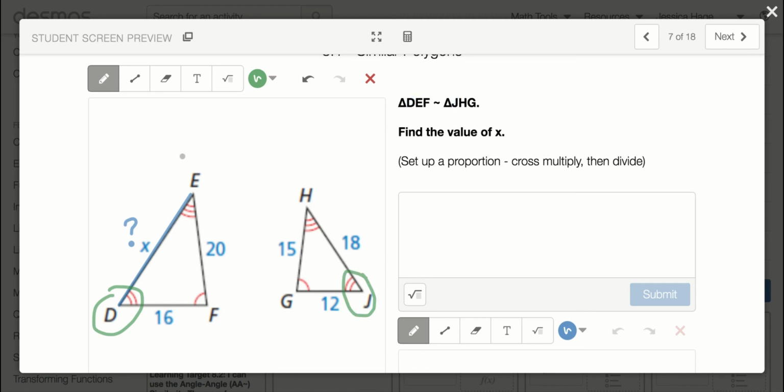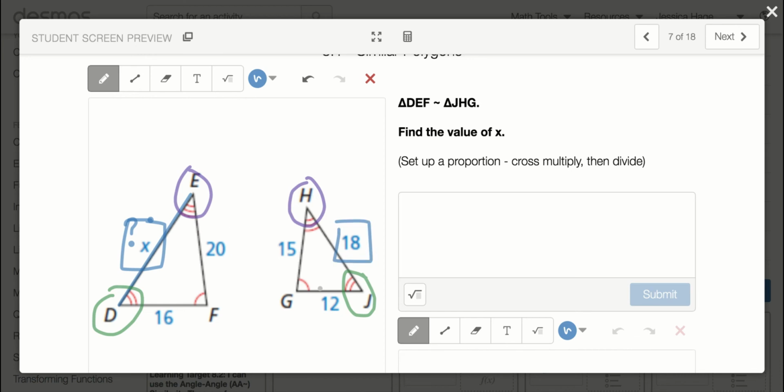And then we know that X ends at E. So we need to get the angle that matches to E, which is going to be H. And that's the second letter in our triangle statement. So X is going to correspond with 18. Again, it's not X equals 18, but that's going to be one of our ratios for our proportion. So X and 18 are going to go together.